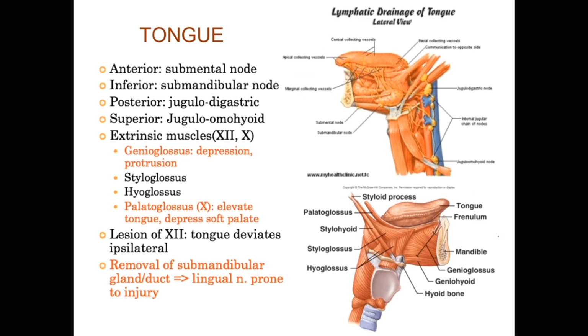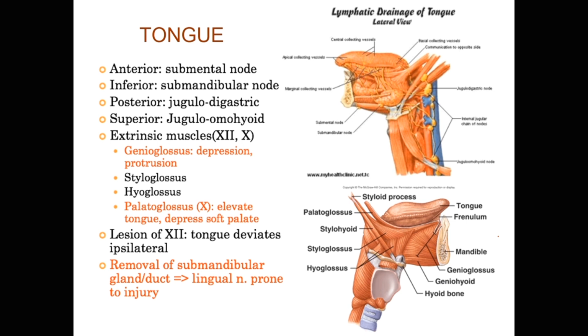Now a little bit about the tongue. The hypoglossal nerve, your cranial nerve 12, is going to be controlling all the muscles of your tongue. It's going to be your genioglossus, depression and protrusion, styloglossus, hyoglossus, and palatoglossus. Those are all the extrinsic muscles as well as your intrinsic muscles of your tongue.